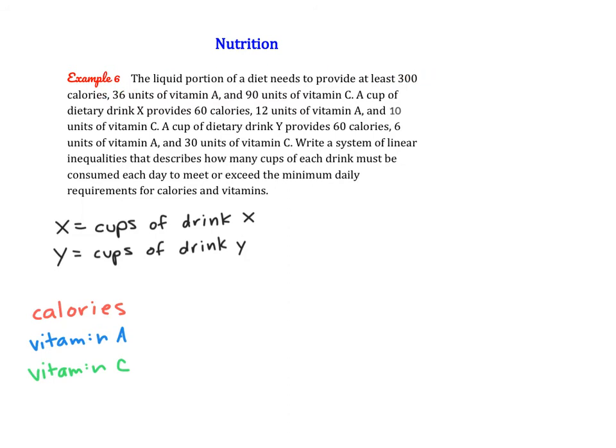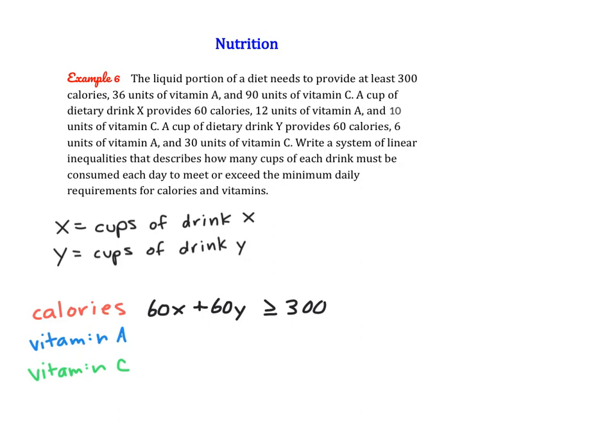So when you add up whatever you get from X and Y, it must be greater than or equal to 300. Now, drink X will provide 60 calories per cup, so we could say 60X. And then it says drink Y provides 60 calories per cup, so we'll say plus 60Y.